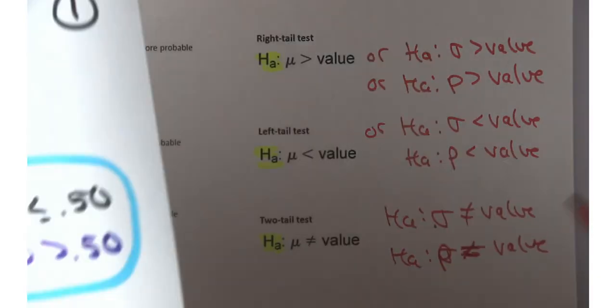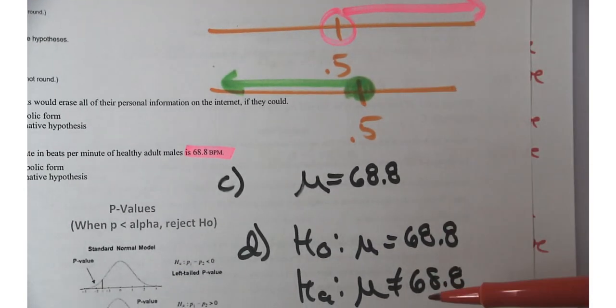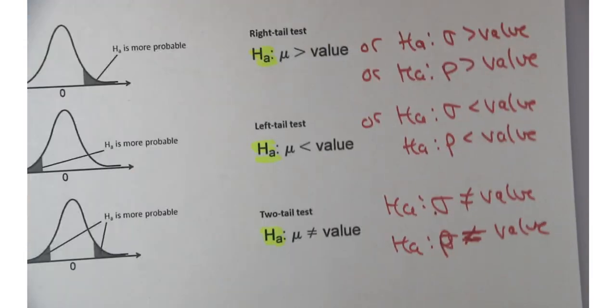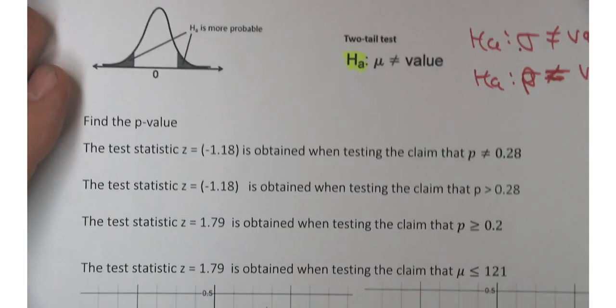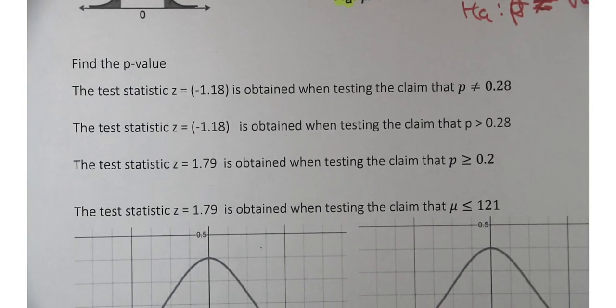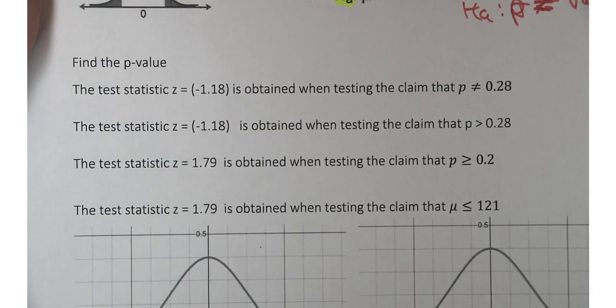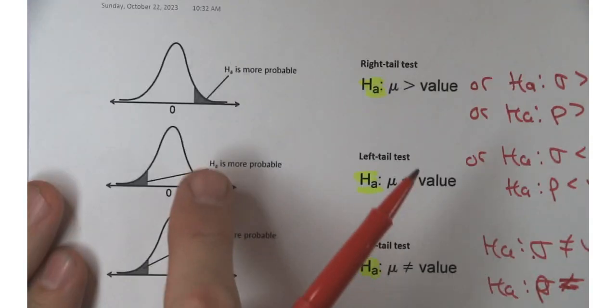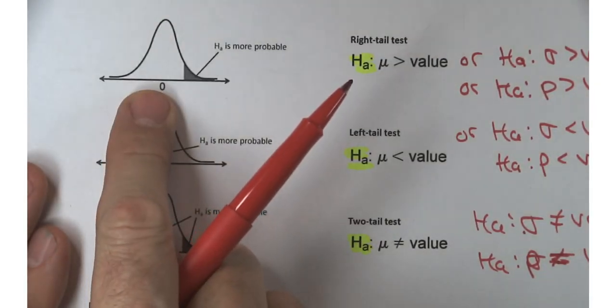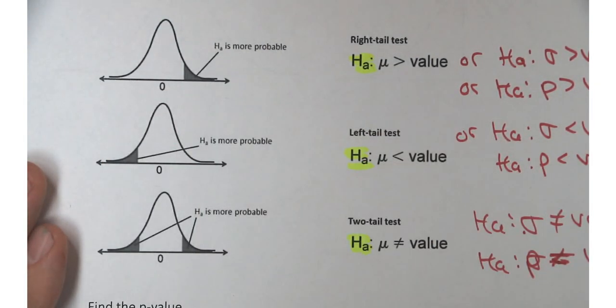Now, our couple examples here might not have been enough for you to get really in the swing of null and alternative hypothesis, but we're going to get to practice that a little bit more as we work with some of these other ones here. So let's move on to p-values. So our p-value is going to be the area in the appropriate curve for our test statistic based on the alternative hypothesis.